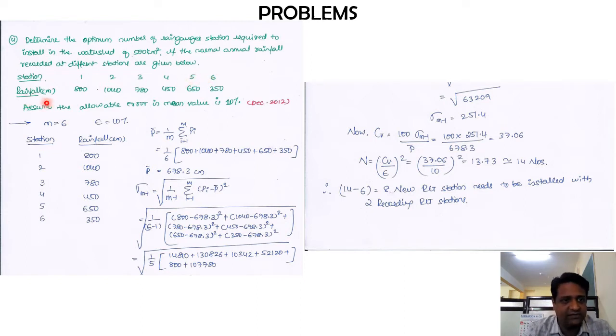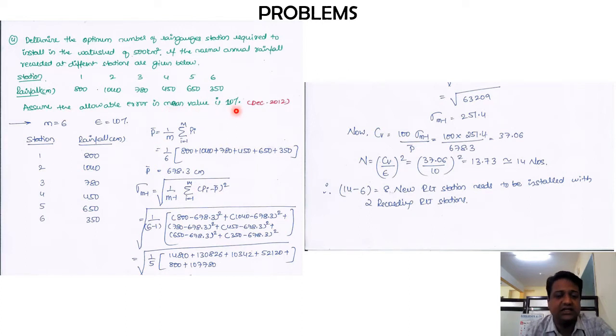The rainfall is 800 mm, 1040 mm, 780 mm, 450 mm, 650 mm and 350 mm. These are the rainfall data collected from these particular rain gauge stations. Assume the allowable error in the mean value is 10%.